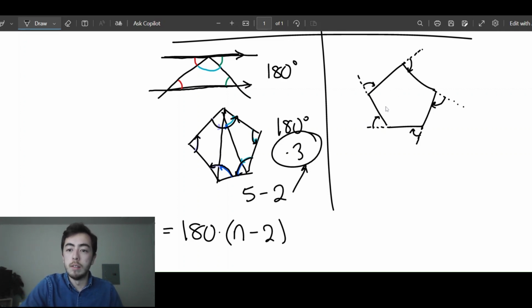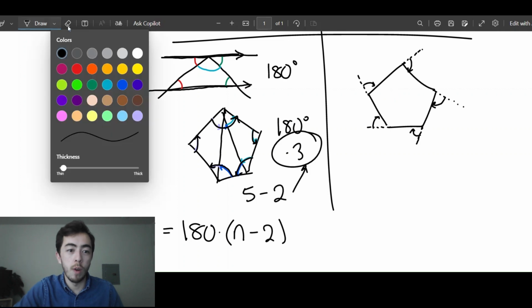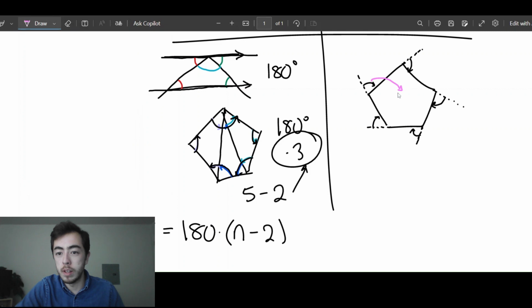And there is a theorem where if you add up all the exterior angles of a polygon, you're going to get 360 degrees. And the idea behind this is if you can imagine translating all of these angle measurements into the center of the polygon, we are going to perfectly map out a circle.